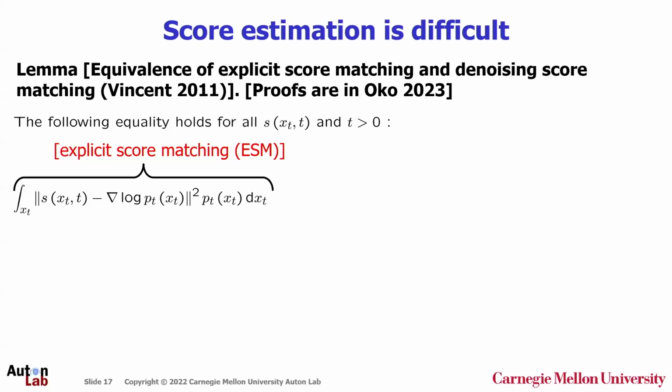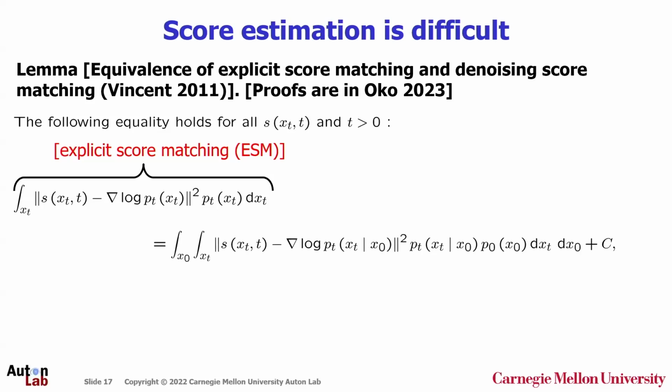This is what we want to estimate, but this is very difficult. However, if we condition on our starting point x0, then we know that x conditioned on x0 will be just Gaussian because that's how we created it. We just added more and more Gaussian noise. So then we can calculate this in closed form. So this part is easy, this part is difficult. This is what we want.